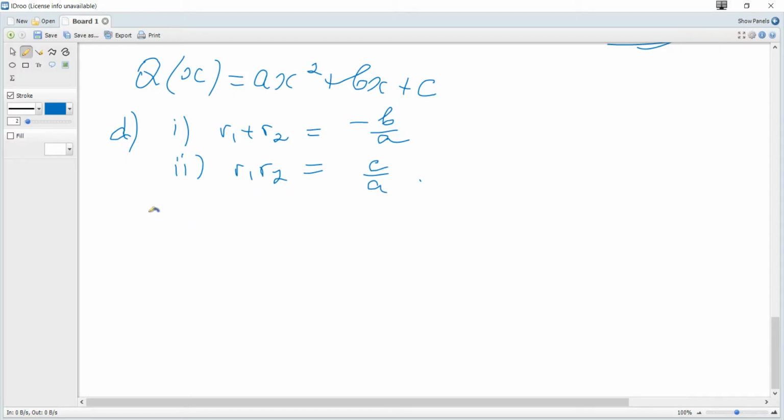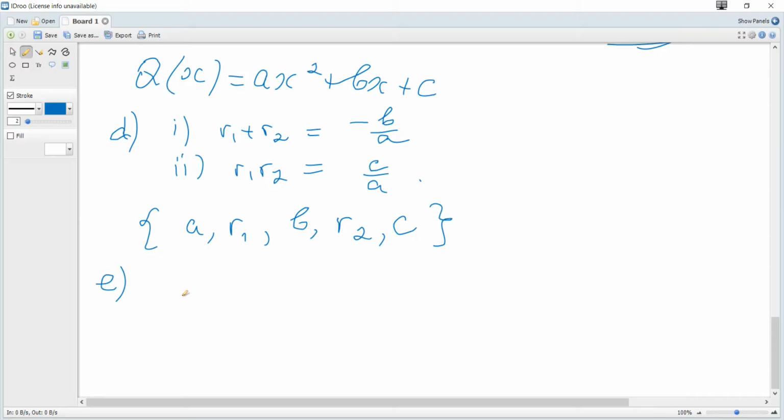If a, r1, b, r2, and c in that order are in arithmetic sequence, then q of x is said to be an AS quadratic function.